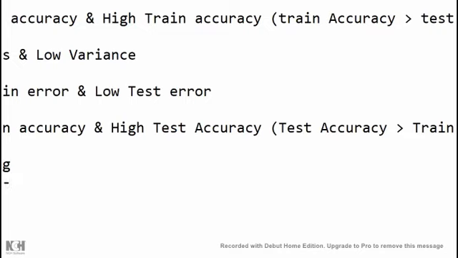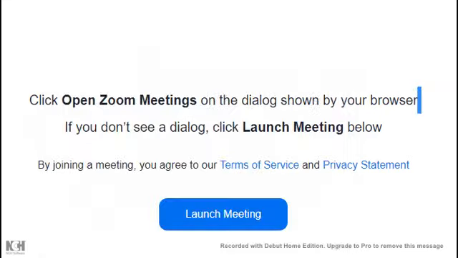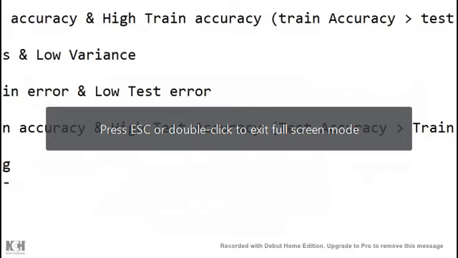Option number one is called regularization. One more option we have to reduce overfitting. The second option is hyperparameter tuning.